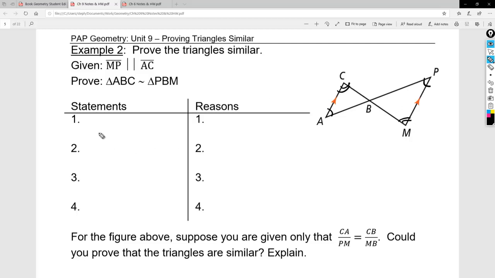You could use that. So the way that I'm going to write my statement is that MP is parallel to AC, because that's given. And next, angle A is congruent to angle P by alternate interior angles.